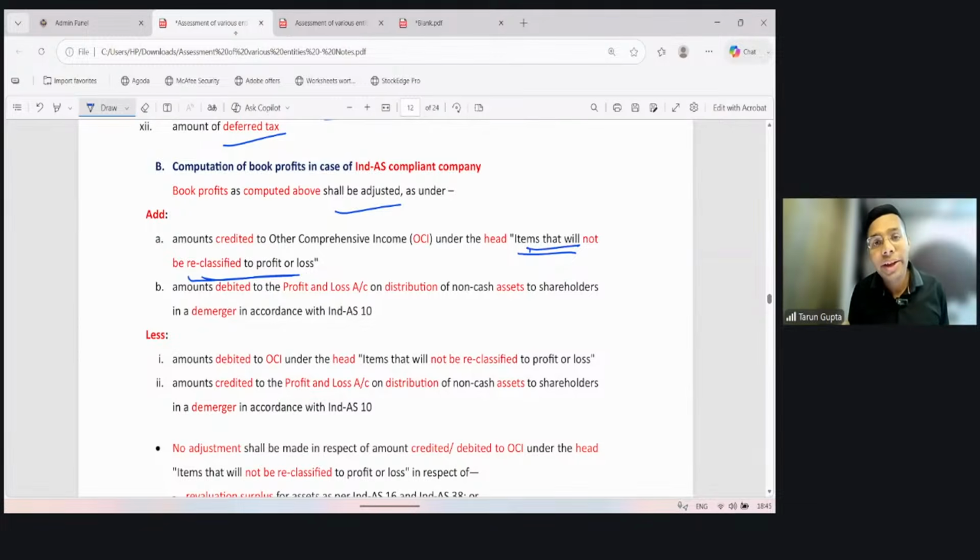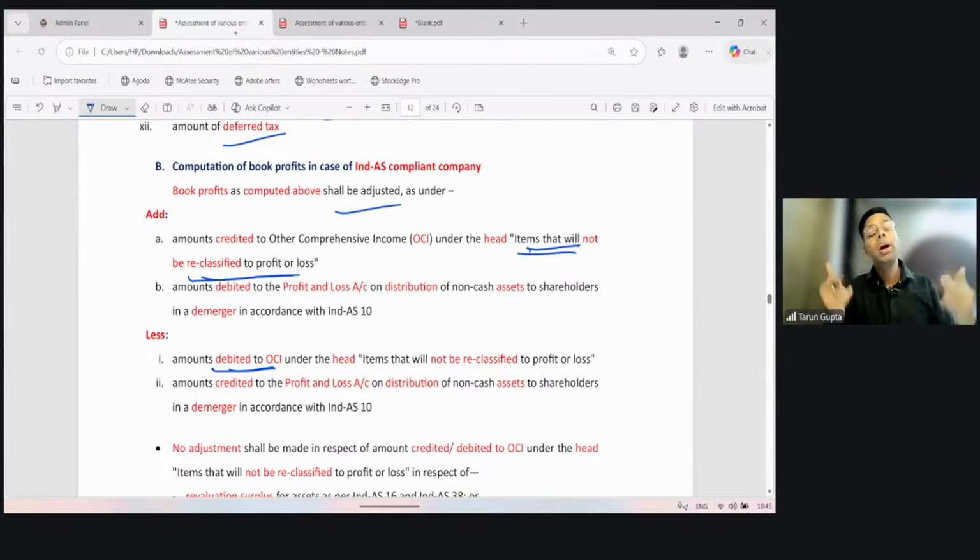So if there are any items under the heading items not to be reclassified to P&L account, such items have to be added back if debited, and reduced if credited. See, what does it say? These are the items which are not credited to the profit and loss account, but credited directly to the OCI, and these items will never be classified to the P&L account, even in future.